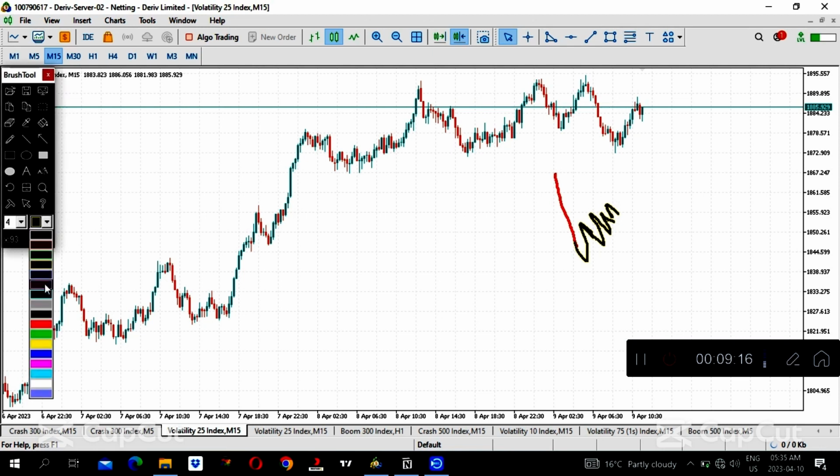Like over here, this triangle is narrowing, but it's pointing upwards, right? So if it's narrowing and pointing upwards, you are anticipating that it will go down.